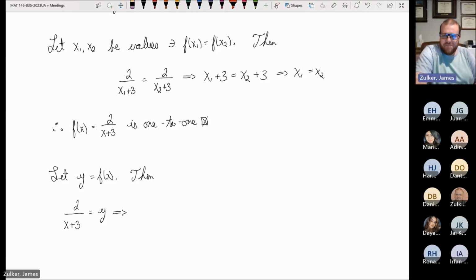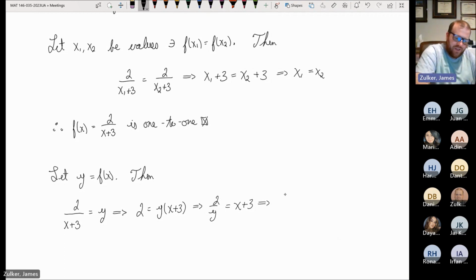Multiply by x plus 3. Now divide both sides by y. And then subtract 3 from both sides.